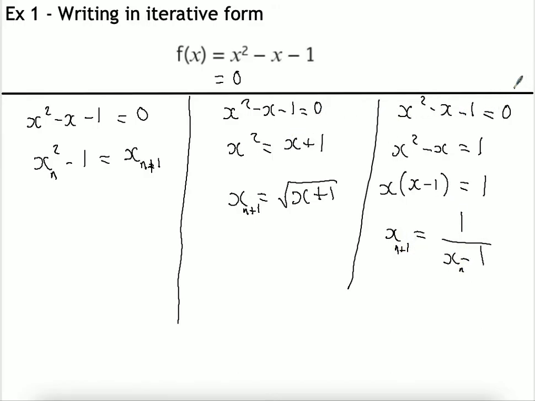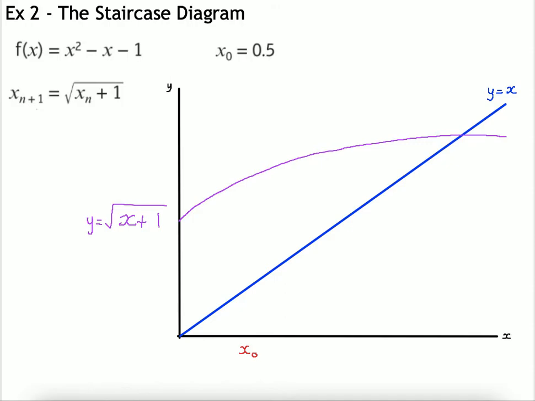So let's just have a look at what actually happens, and we're going to look at each of these three cases. It's very similar to one of the examples that we did. We will be told the iterative formula, or it could be part of the show that from the previous part of the question. We'll also be told an initial value, x0.